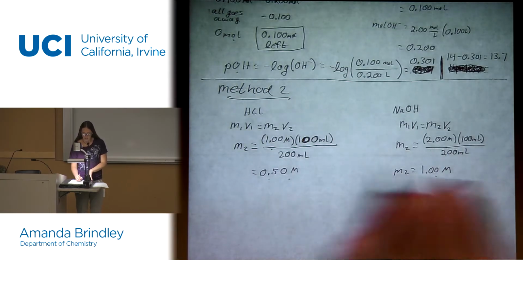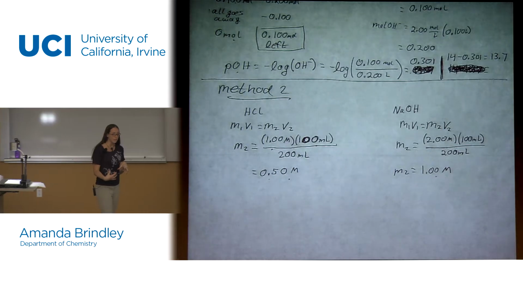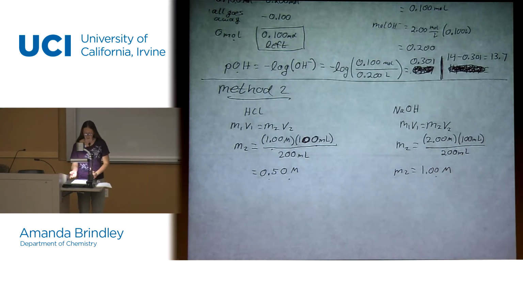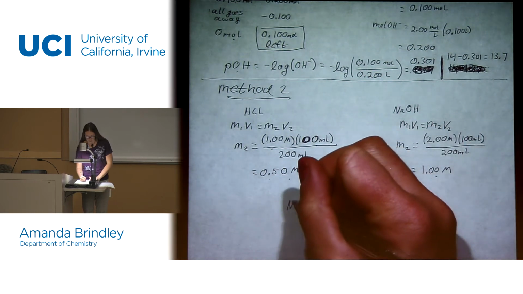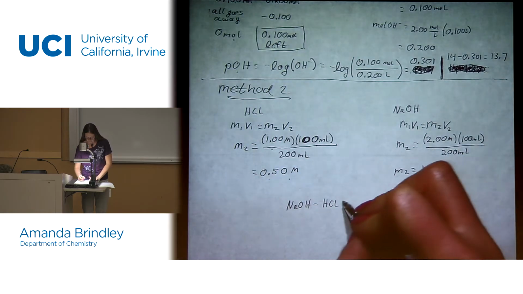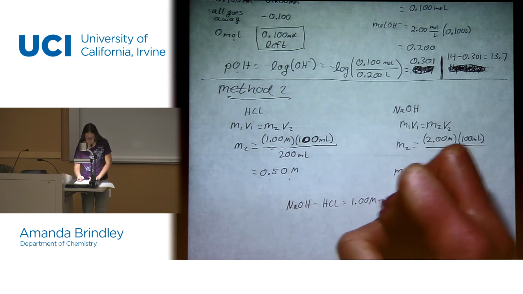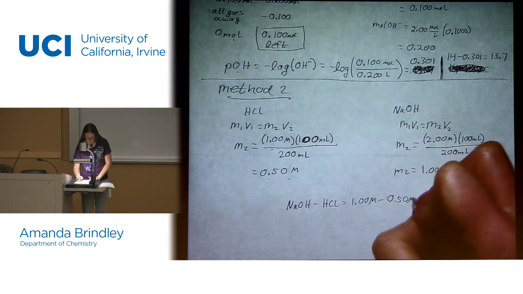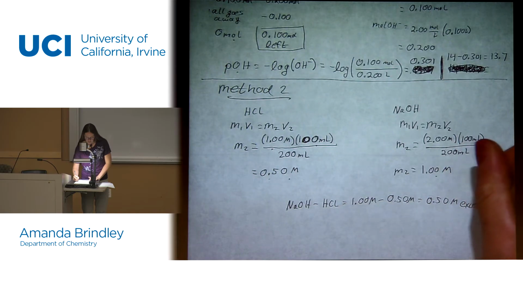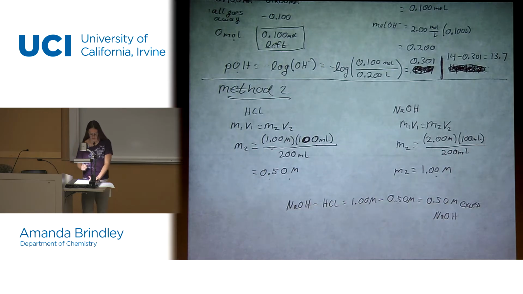And now we say, okay, these are in the same reaction flask now. They're in the same volume of water. Now we react it as a 1-to-1 ratio. And we take the big one minus the small one. So in this case, we take NaOH minus HCl. And we say, oh, well, that's our excess NaOH.